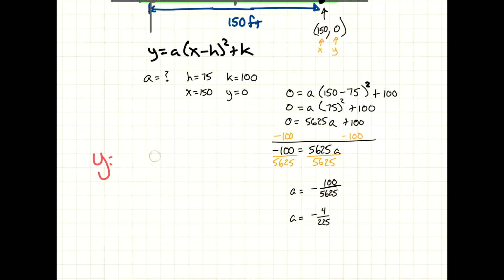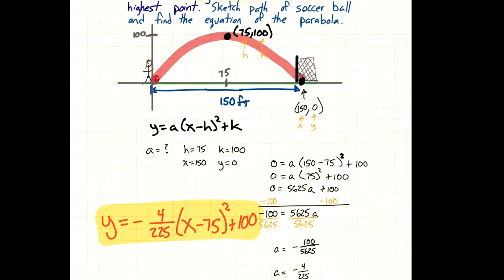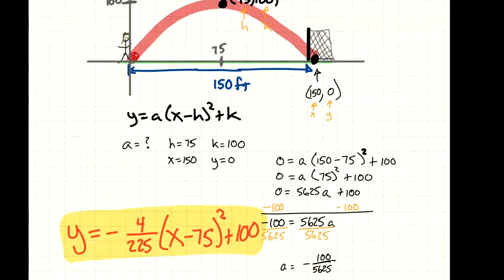Let me rewrite this. Equals negative 4 over 225 times x minus h, so x minus 75 squared plus 100. All right, and that is our equation of Kayla kicking the soccer ball to hopefully score a goal.